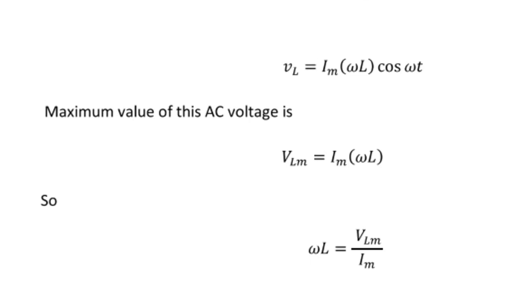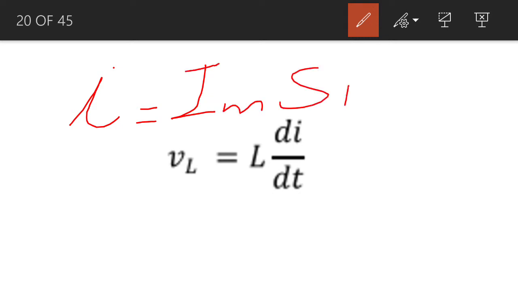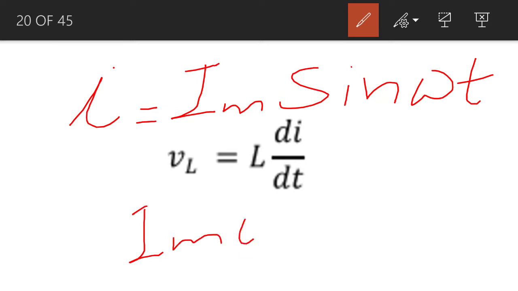So we know that the equation for the AC current is the maximum value of the current into sine of omega t, and if we differentiate this current with respect to time, we will get the maximum value of the current into omega L into cos of omega t.